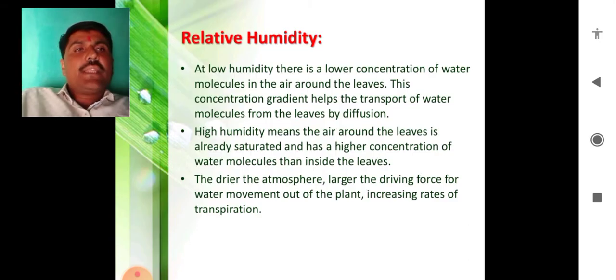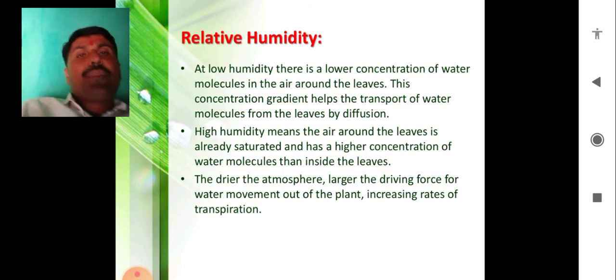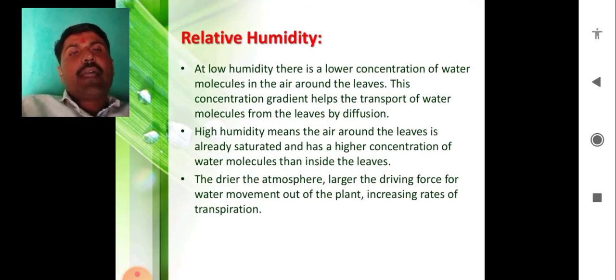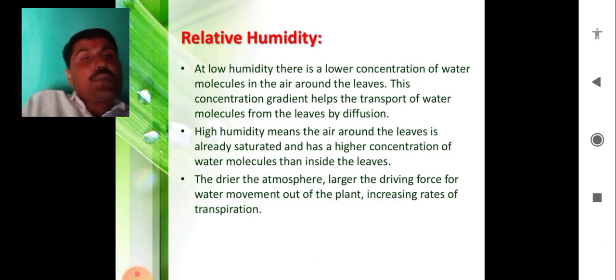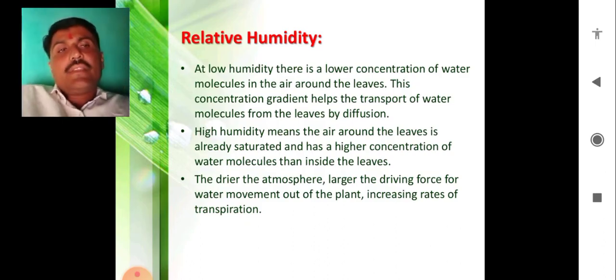At low humidity, there is a low concentration of water molecules in the air around the leaves. This helps the transport of water molecules from the leaves by the process of diffusion. High humidity means the air around the leaves is already saturated and has a higher concentration of water molecules than inside the leaves.